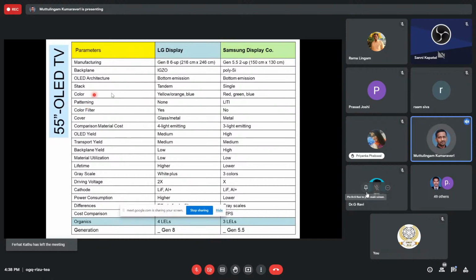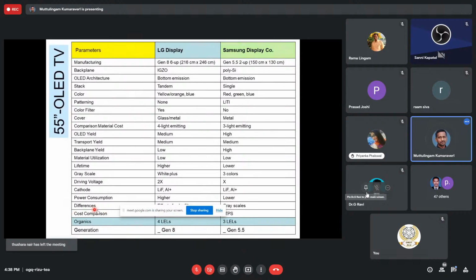For color, LG Display uses yellow, orange, blue colors, while Samsung uses the primary colors of red, green, blue. Also you can see the driving voltage becomes more than 2 times, because it's a tandem. It takes more current than the single one.